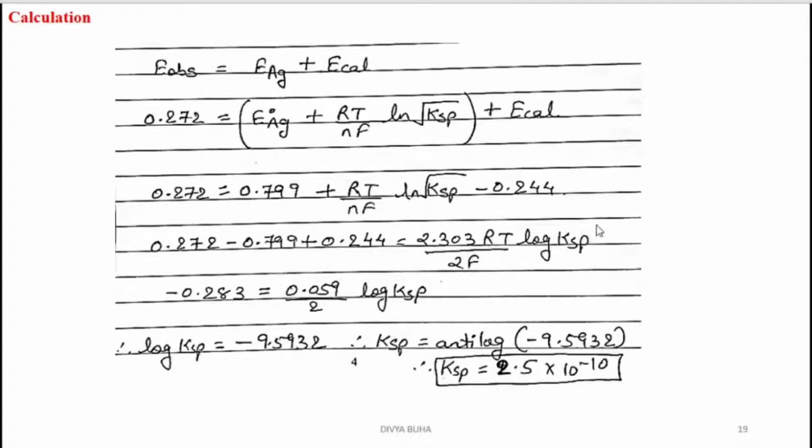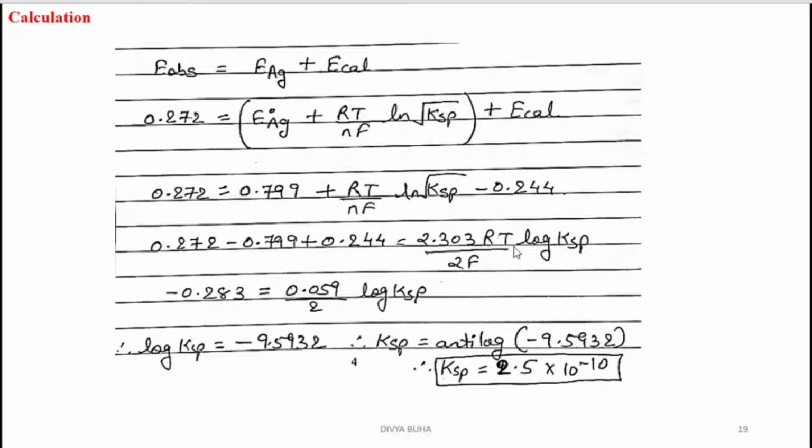So over here you can see that we have removed the under root and divided it by 2. Over here n would be the ion charge, so that would be 1. Now the gas constant value would be 8.314 joule mole inverse Kelvin inverse.